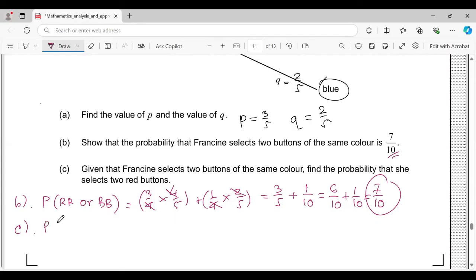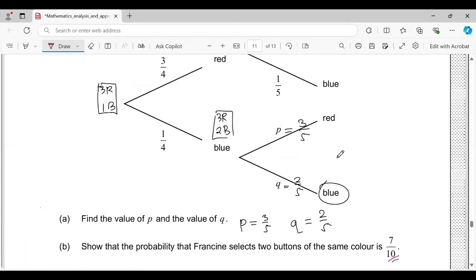Okay, so the probability of two red buttons given same color, which means red or blue. So it becomes 3 over 5, this 3 over 5.